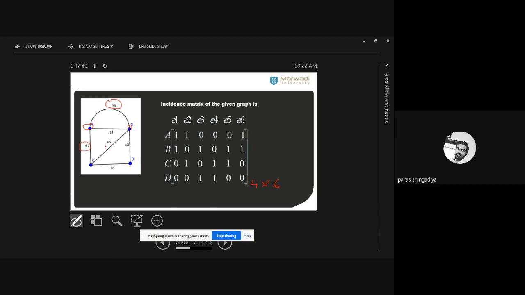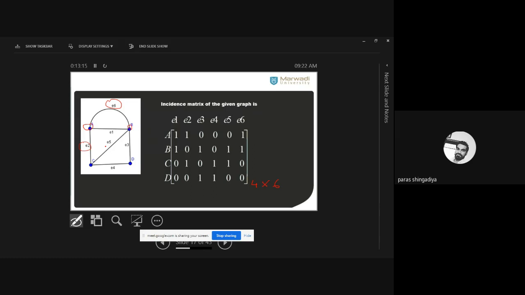So if you observe each column of this matrix, each column has two 1s. There are no three 1s in any column. Why is it only two 1s? Because E1 is connected with A and B only.